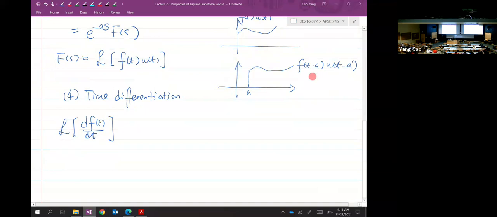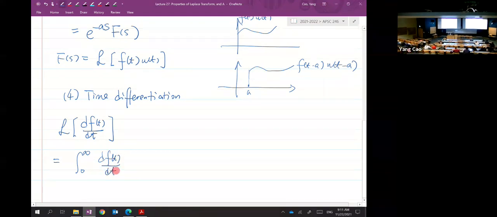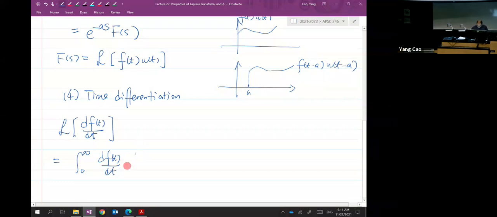The proof comes strictly from the definition of the Laplace transform. So we're looking for the Laplace transform of whatever is inside the operator bracket. According to the Laplace transform formula, it's anything inside the bracket, which is the function you're taking the derivative of, and then e to the power negative st dt.